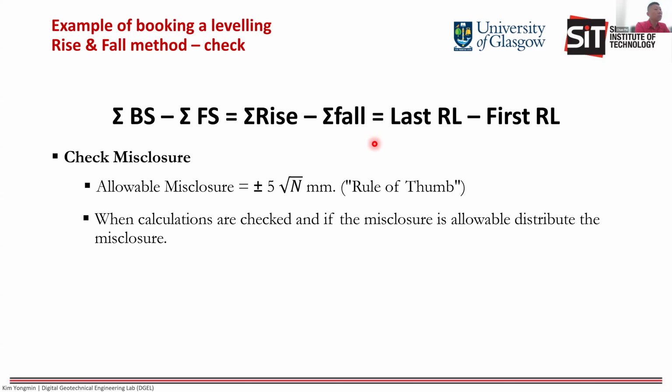It also equals the last reduced level that you calculated minus your first reduced level. And when you check the misclosure, which is the error, the rule of thumb you need to remember is plus minus 5 times the square root of n mm.